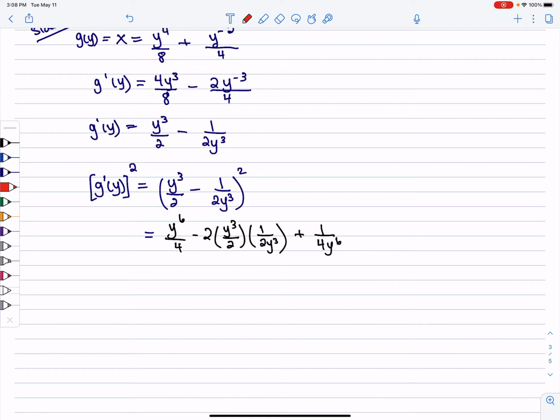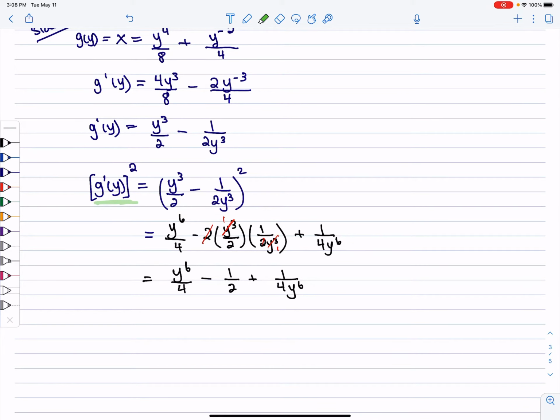We know we can simplify a couple of things. After you simplify, you get y to the 6th over 4 minus 1/2 plus 1 over 4y to the 6th. So again, this here is g prime of y to the 2nd power.